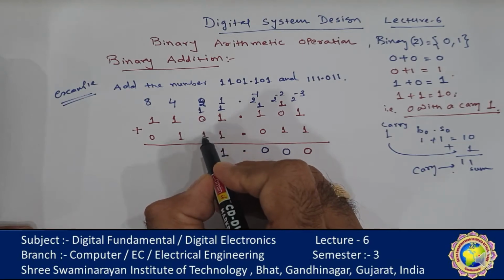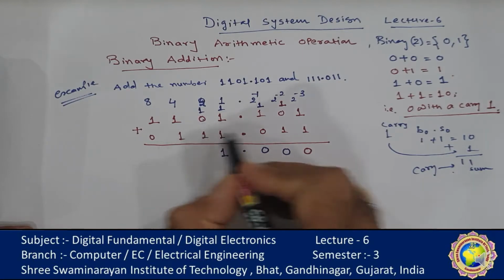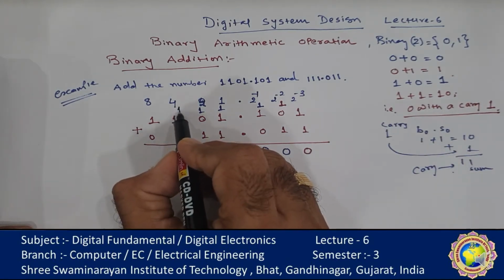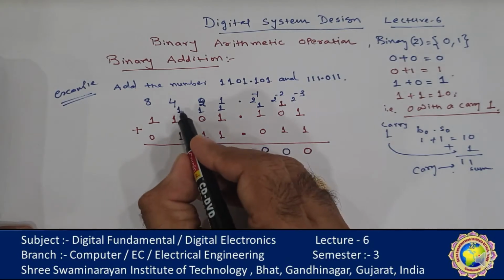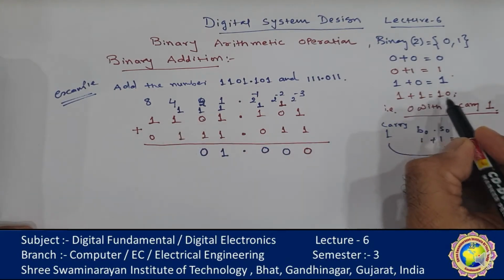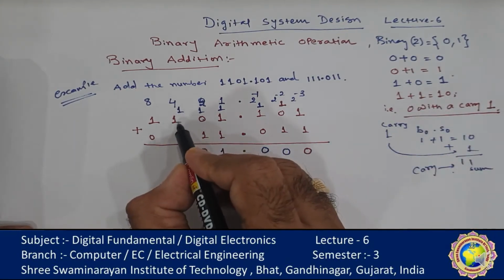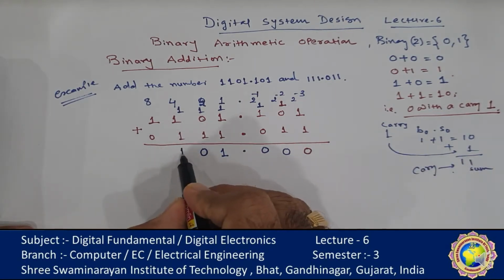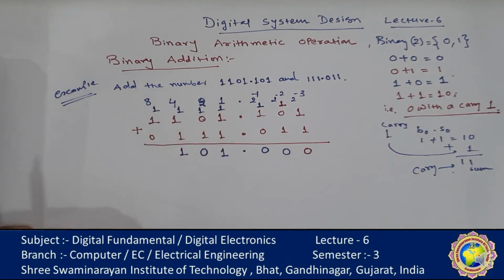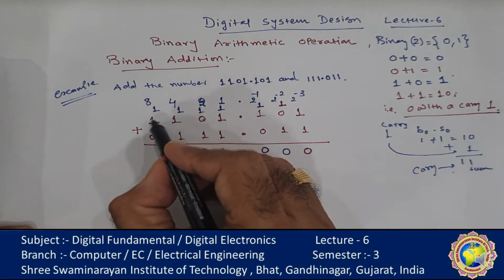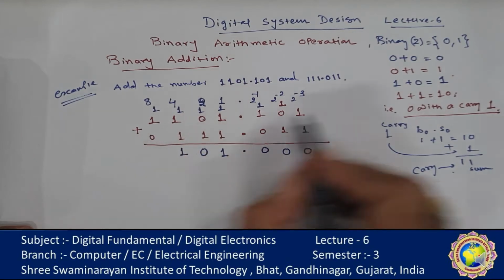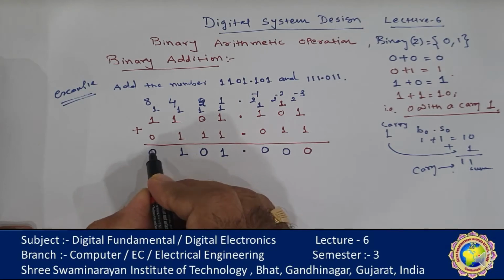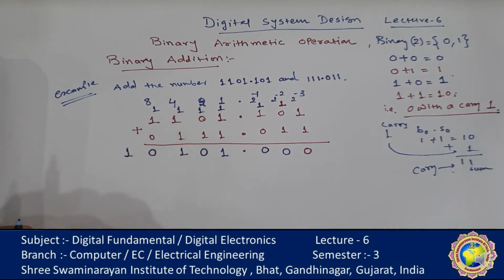Again this 1 is added here. 1 plus 1 is 1 0, where 0 is the sum bit and 1 is the carry bit. 1 plus 1 is 1 0. Again adding 1 here, it will become 1 1. 1 is the sum and carry is 1. Again here 1 plus 1 is 1 0, and 1 0 plus 0 remains the same. So 0 is the sum and 1 is carry.